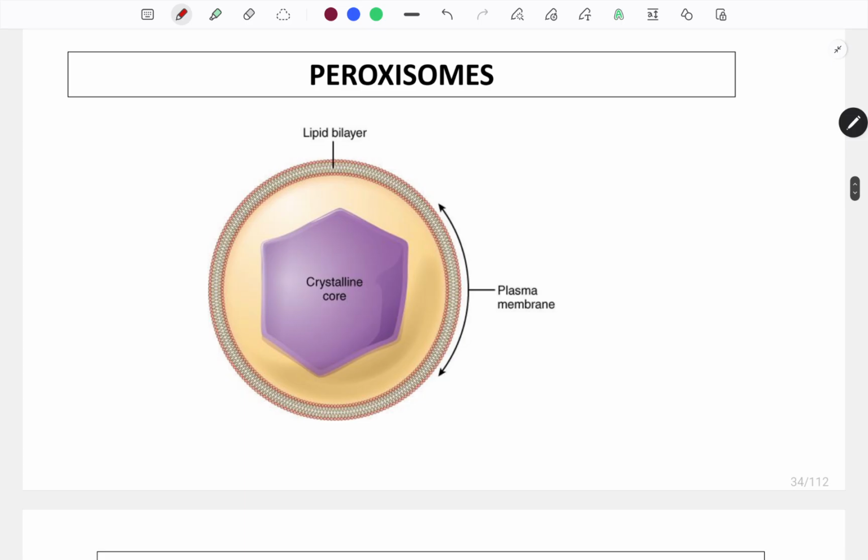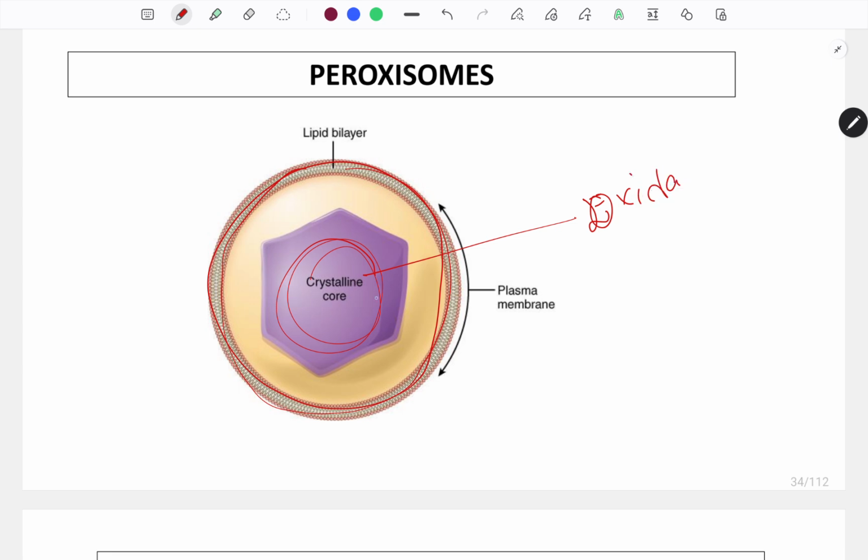This is how peroxisomes look. It is also a single membrane containing organelle, and inside this you will see the oxidative enzyme core. The center part, the crystalline core, is nothing but oxidative enzymes.